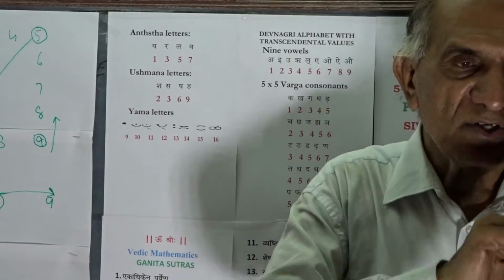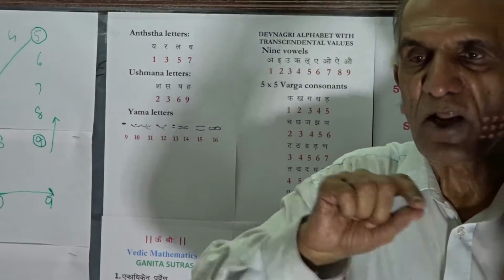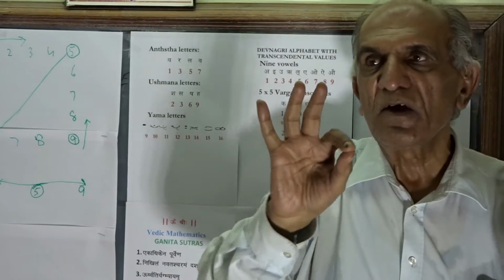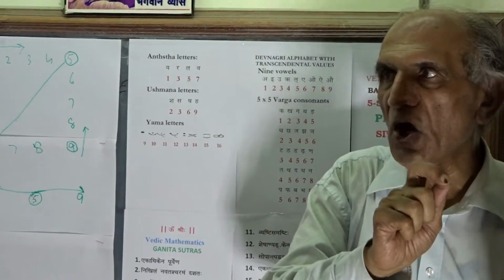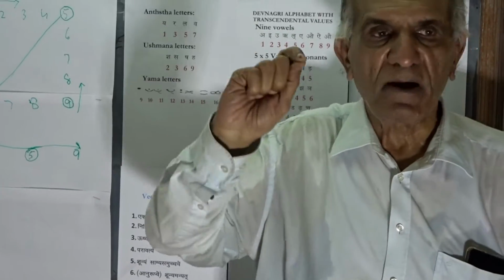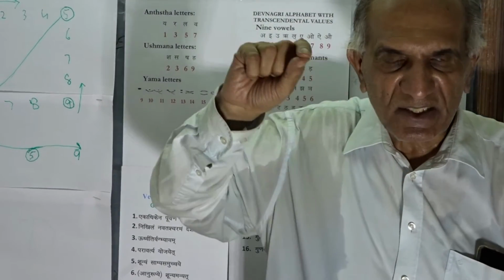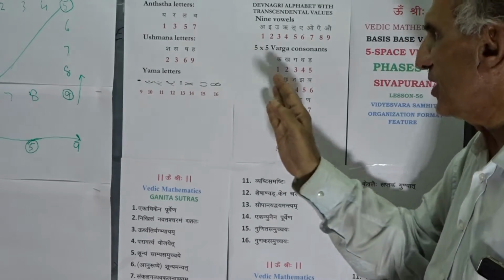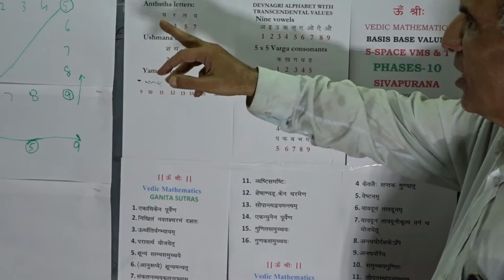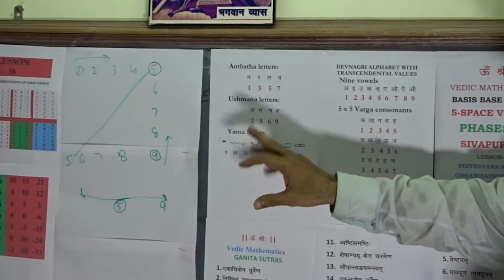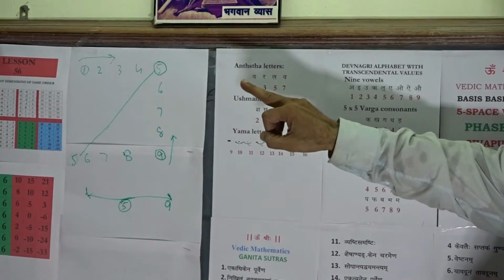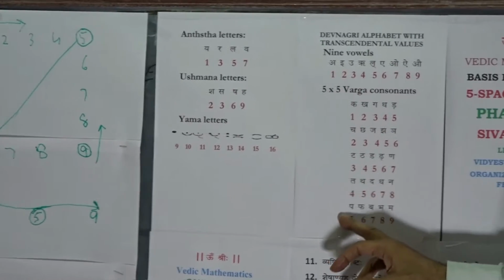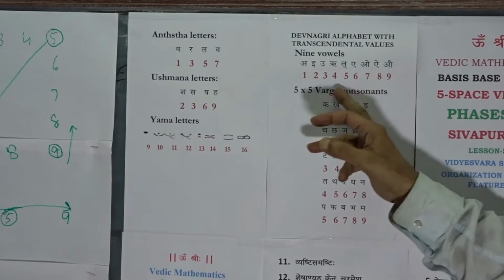Then how the same makes a 5 cross 5 grid. Then how the same takes us to the northeast diagonal, which is Ishan, a designation of Lord Maheshwara, Lord Shankar, Lord Shiva. So this transcendental designation is taking us diagonal, and from here how we are reaching that the grid of 5 transcendence ranges of linear order to the transcendental order, and this ultimately takes us to these Varga consonants.